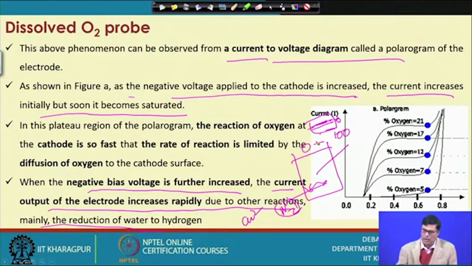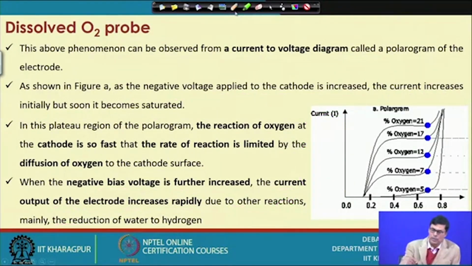So your scale runs between 0 and 100, and 100 stands for the saturated dissolved oxygen concentration. Suppose the reading is 90, 90 means 90%.